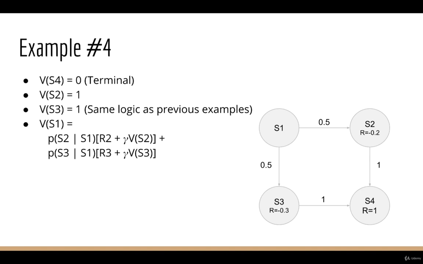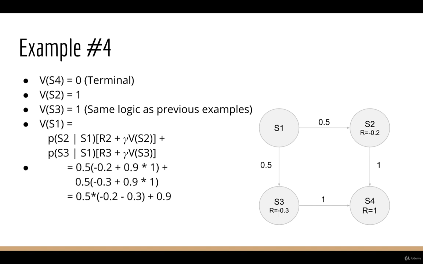So I have a 50% chance of going to S2 and receiving a reward of minus 0.2. I have a 50% chance of going to S3 and receiving a reward of minus 0.3. After that, the next state is always S4, which always yields a reward of 1, so that part can be effectively removed from the expected value. The value of S1 is then just 0.65, since it's just the sum of these two branches.